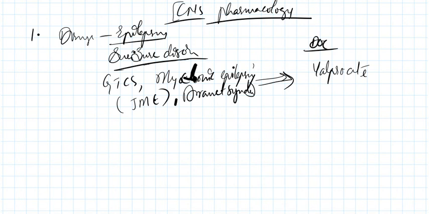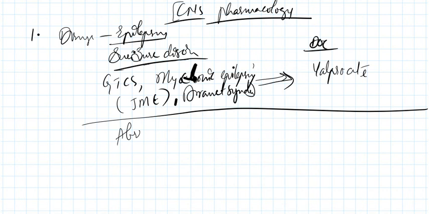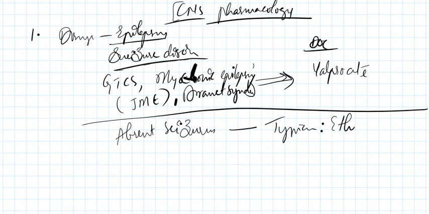Now, if the question comes that the patient is suffering with typical absence seizures, then the drug of choice will be ethosuximide.